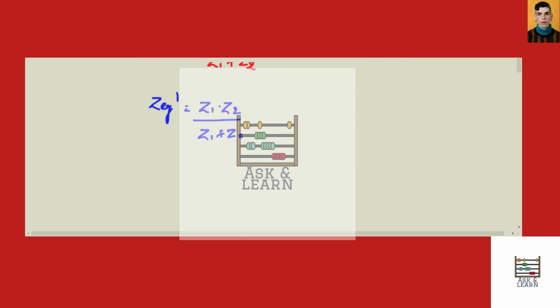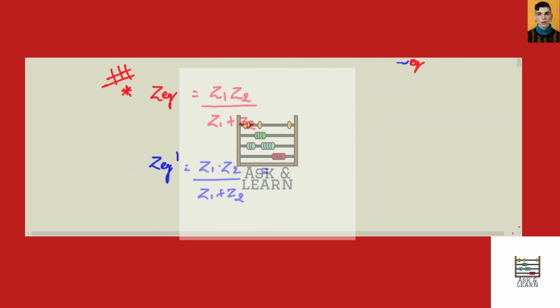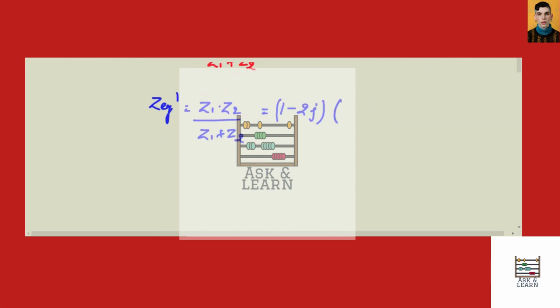Now let's put in the values given in the circuit. Z1 is 1 minus 2J, so this will be 1 minus 2J multiplied with Z2, that is 2 plus 4J. In the denominator, after the summation of these two, this will become 1 minus 2J plus 2 plus 4J, right?